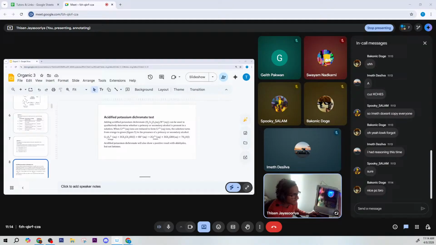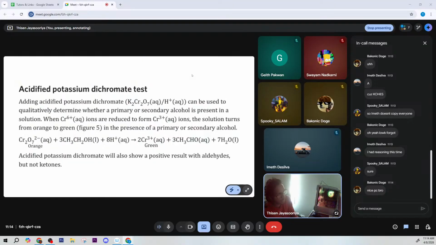Essentially what's happening here is that the acidified dichromate uses the oxidation pathway. So does everyone remember the oxidation pathway? A primary and secondary alcohol will be oxidized.